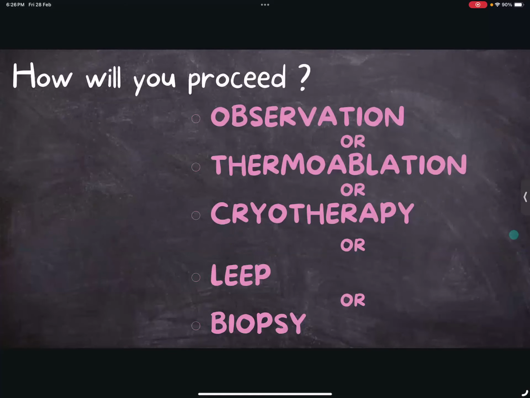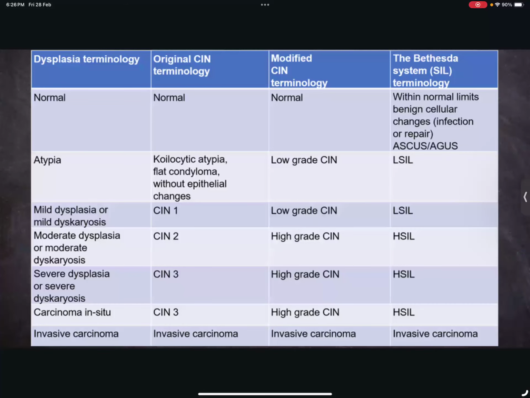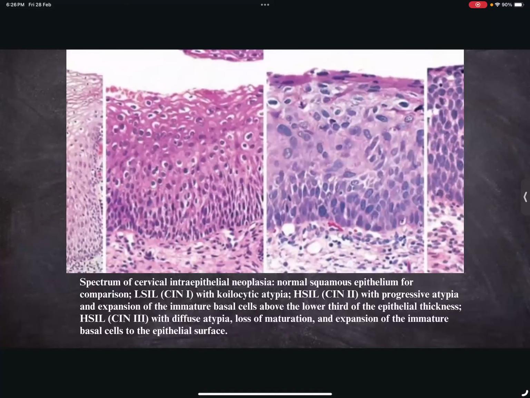In the squamous epithelium, there are superficial squamous cells, intermediate cells, and parabasal and basal cells. The superficial cell is the mature squamous cell, and the basal cell is the immature cell. According to low grade or high grade dysplasia, an imaginary line is drawn dividing the squamous epithelium into 1/3, 2/3, and the full thickness.